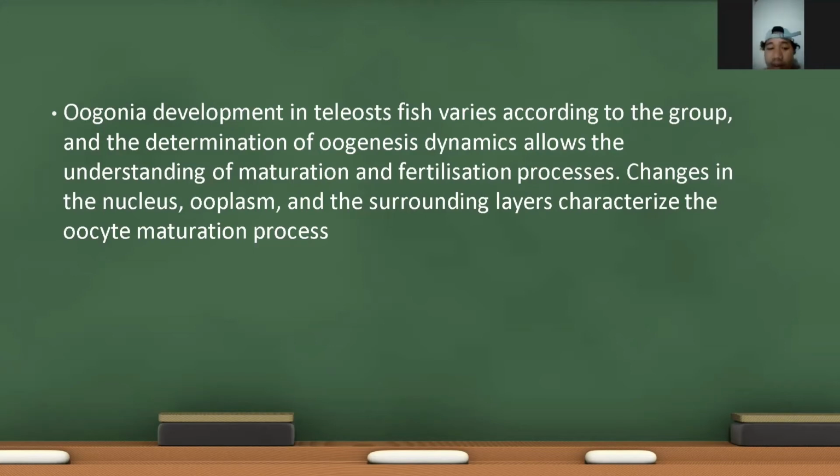Meron yun. Dito natin siya nalalaman sa oogenesis dynamics. Changes in the nucleoplasm and the surrounding layers characterize the oocyte maturation. So kagaya na ang sabi, yung oocyte ay isang immature egg cell.